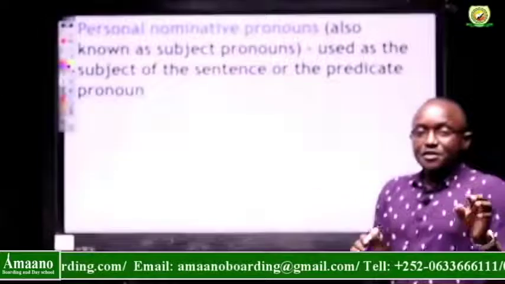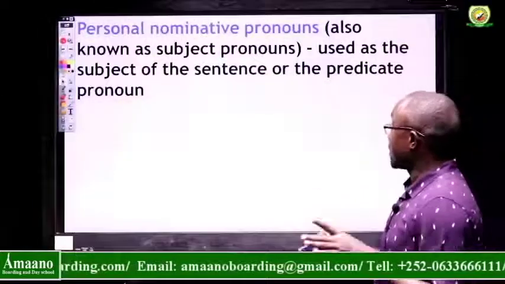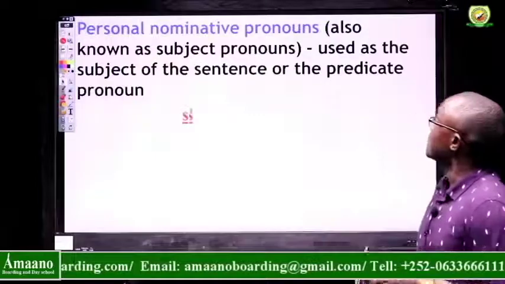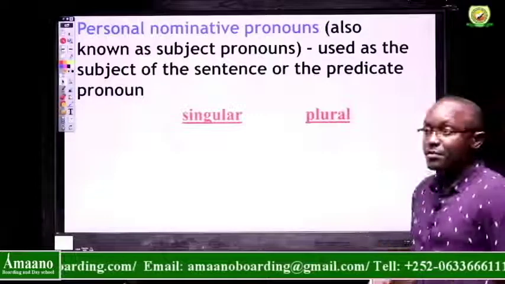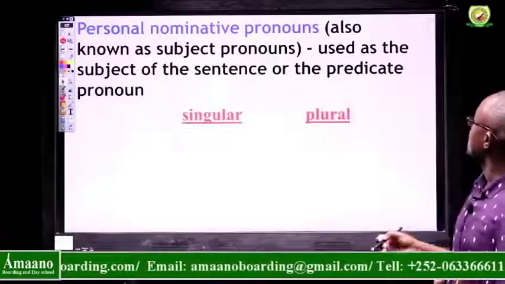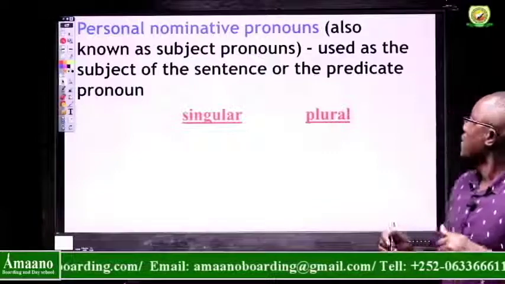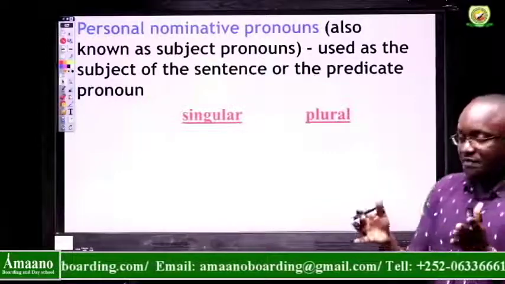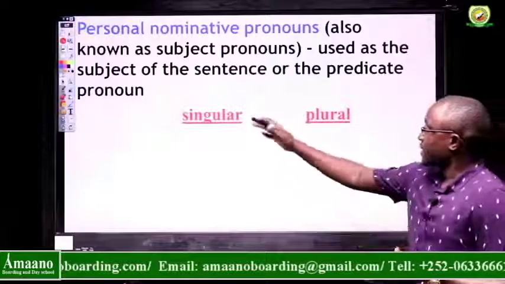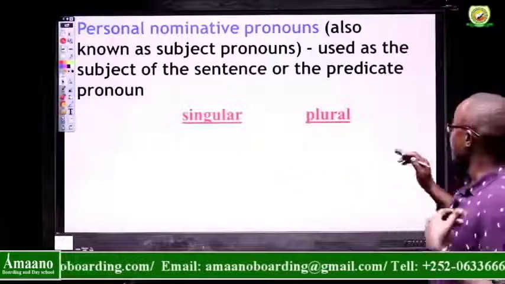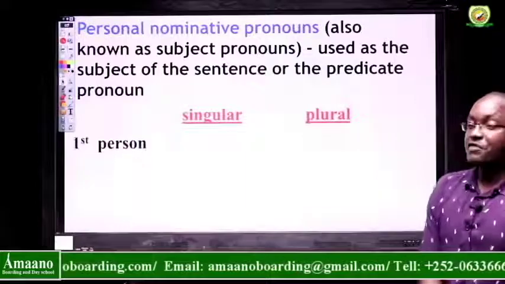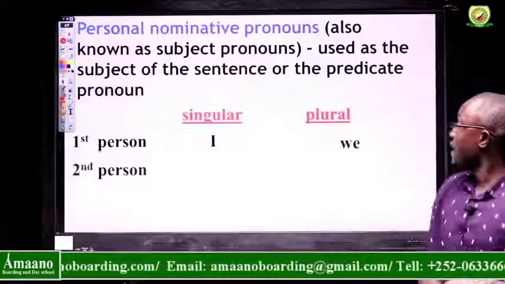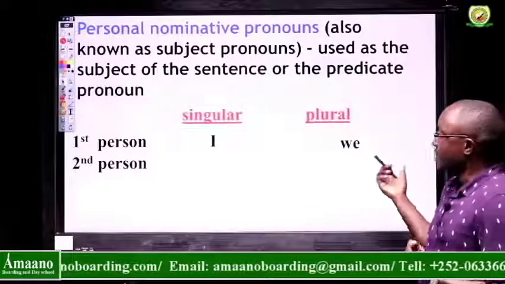They're divided into 2 main categories: personal nominative pronouns, which are also known as the subject pronouns. These are used as the subject of sentences, or the predicate of a noun. I'll categorize them into singular and plural. The first person, we have I and we in plural.